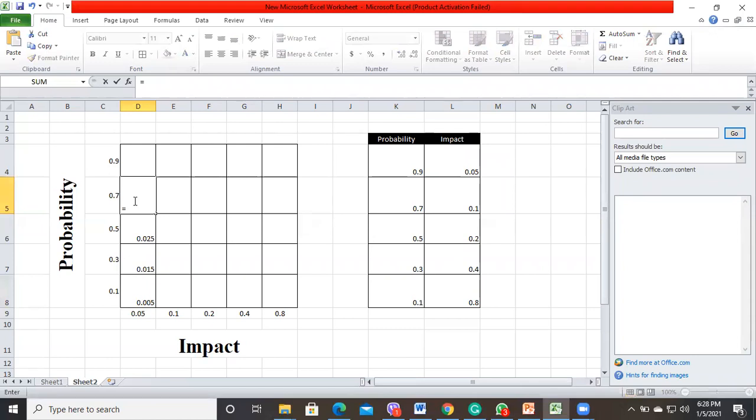Here probability 0.07, impact 0.05. Here probability 0.09, then impact 0.05. I think you got the idea. It's easy to prepare this. Okay, then you can fill all of these boxes.